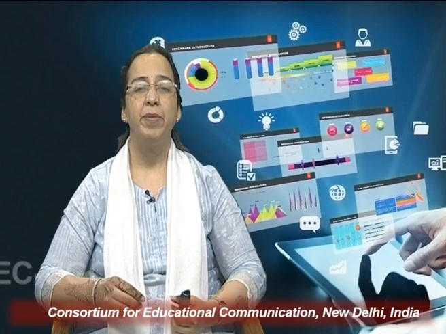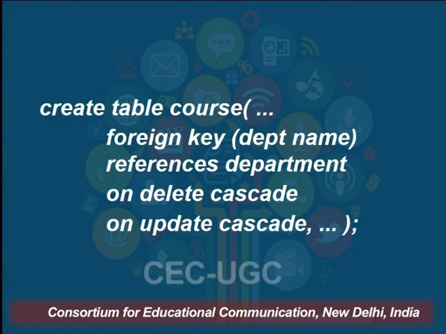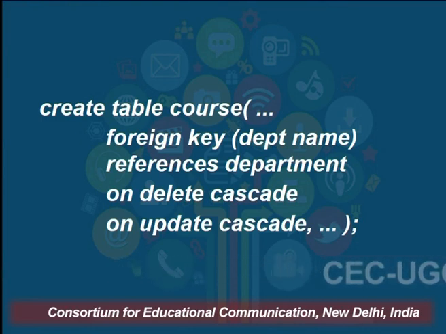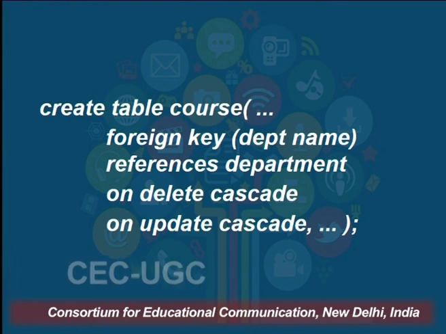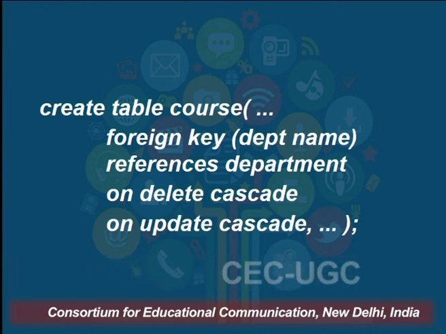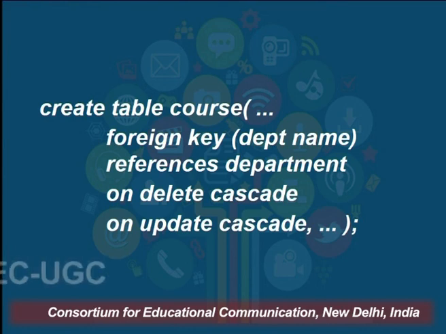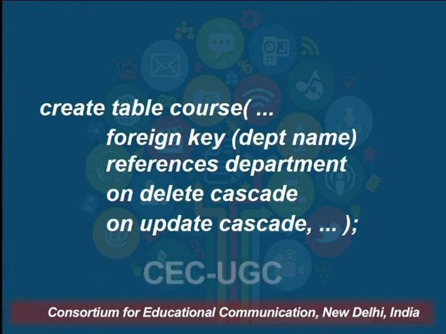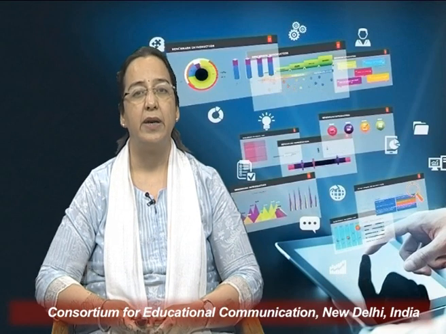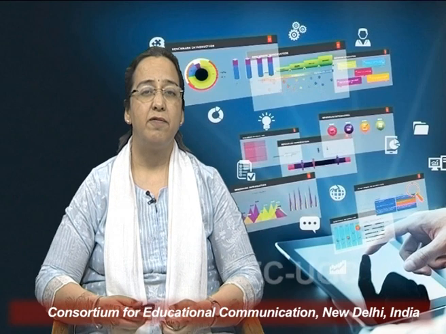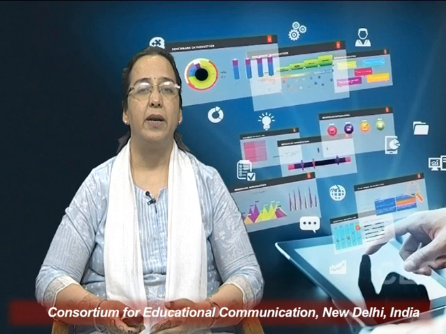We can say create table codes, with whatever extra fields we need, foreign key department name, which references department, and we have specified on delete cascade and on update cascade. Now what is happening? If a delete or an update is going to violate this constraint, then the system will not reject the delete or update.